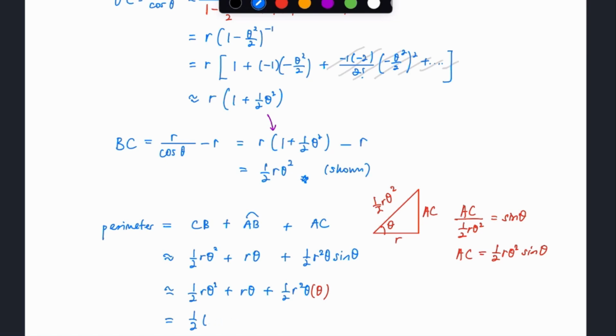Taking the r out, half theta square plus theta plus half r theta square also.